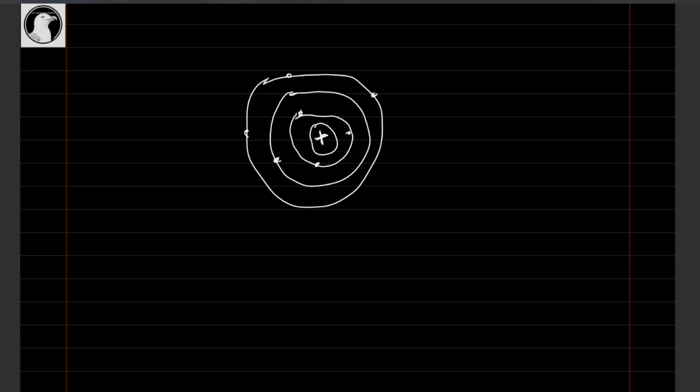Well, imagine there's a metal solid sheet here. We can take it as infinitely thin. So it's thin like this. It's very, very thin. I will not consider its thickness in this example.